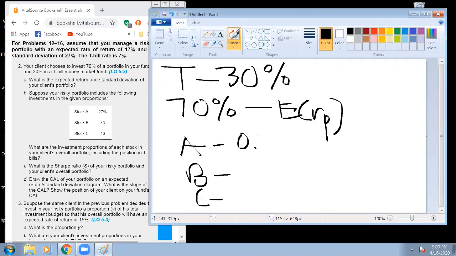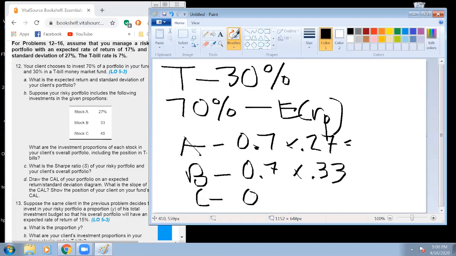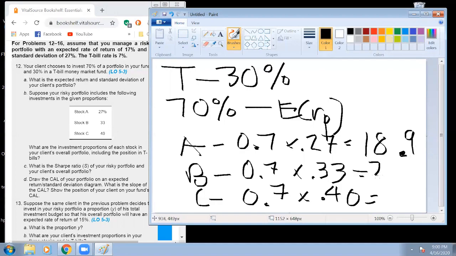To calculate it out, it would be 0.7 times the 27% for A, 0.7 times the 33% for B, and 0.7 times the 40% for C. I'm going to do the calculations really quickly. For A, we get 18.9%. For B, we get 23.1%.